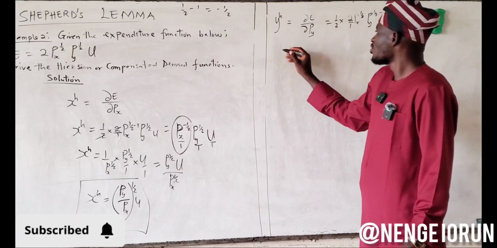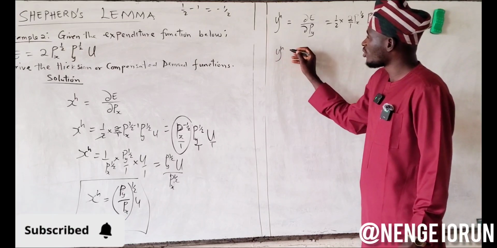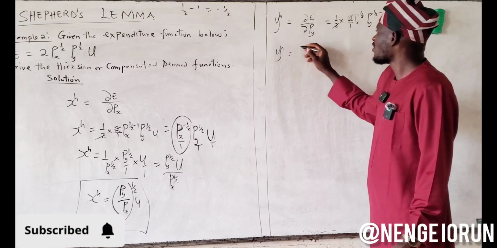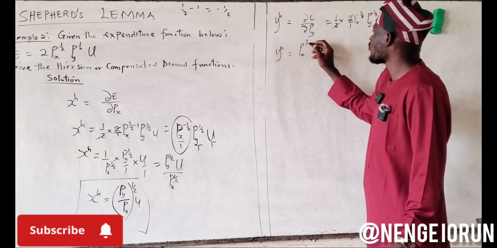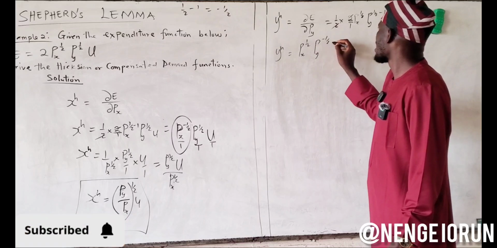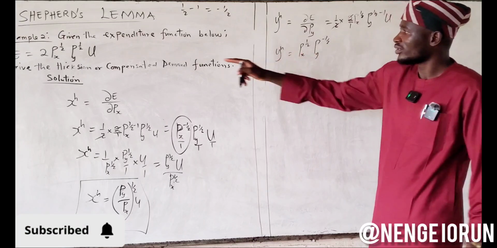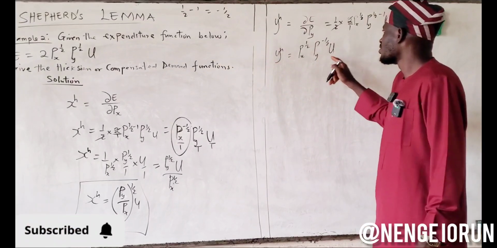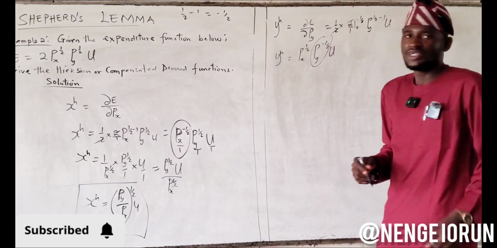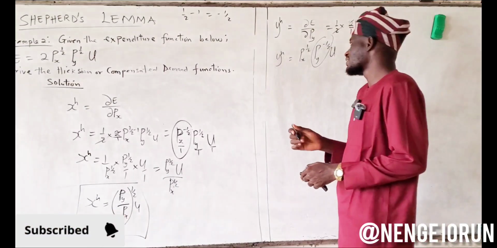So now you have the Hicksian demand function for commodity Y is equal to, 2 cancels itself. You have Px raised to the power of 1 over 2, Py raised to the power of negative half. We have u here from there. So now this can be written with the inverse according to the laws of indices.